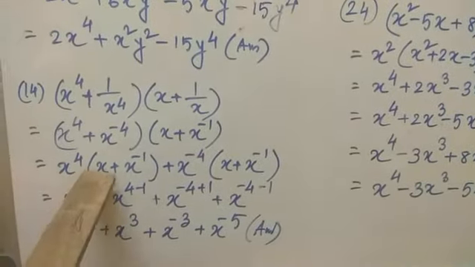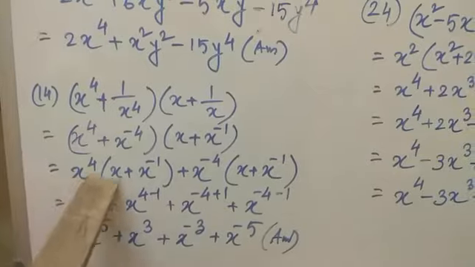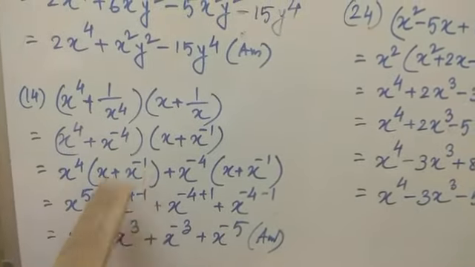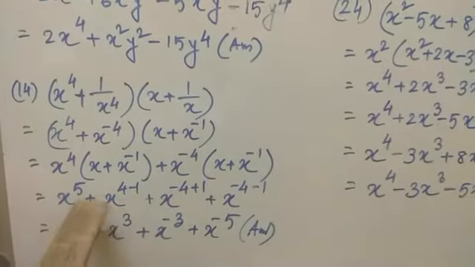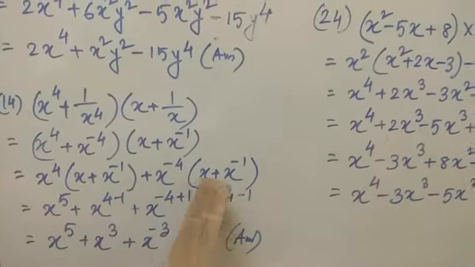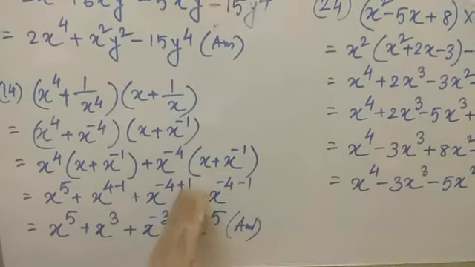So multiply these two terms by x to the power 4. So x to the power 4 into x to the power 5 plus x to the power 4 into x to the power minus 1. By the laws of exponent, x to the power 4 minus 1, plus x to the power minus 4 into x, with the laws of exponent, x to the power minus 4 plus 1.